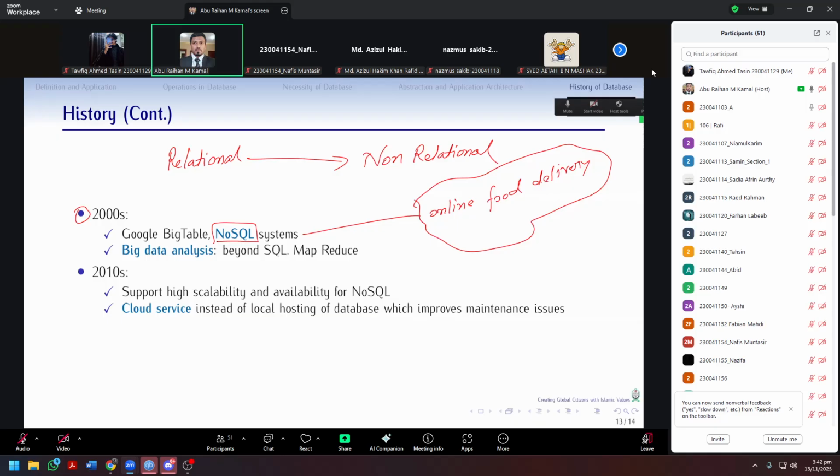Then we have big data analysis. This is also a very trendy term. You need to know why this is important, because there are some applications where the traditional relational database is unable to answer. Simply it cannot, because the number is so big.